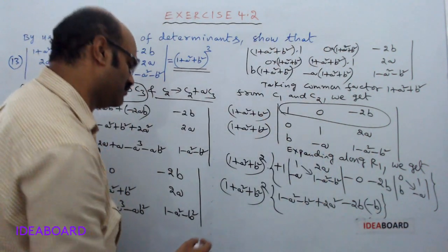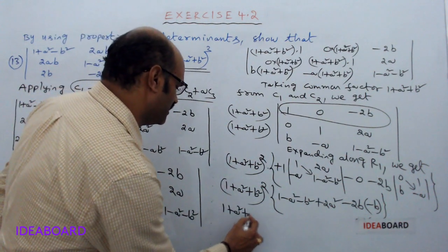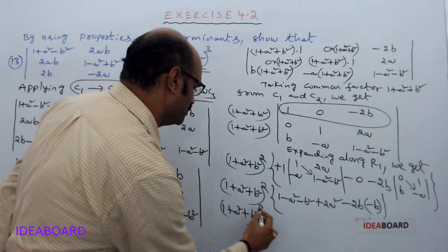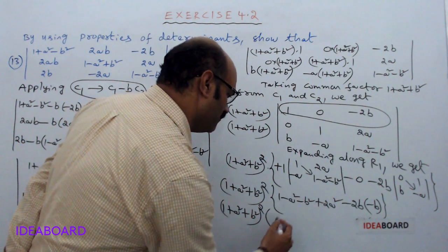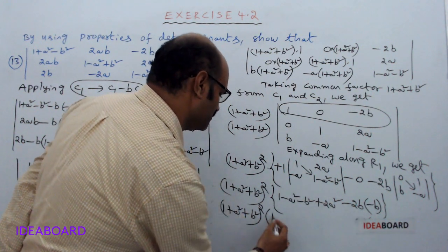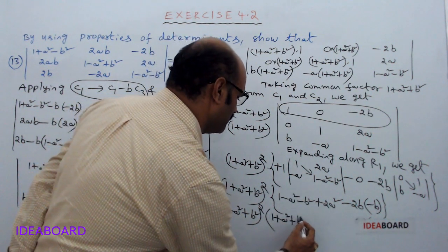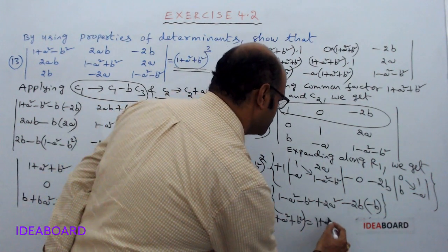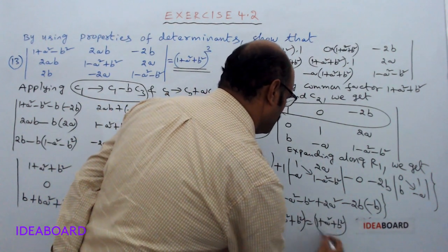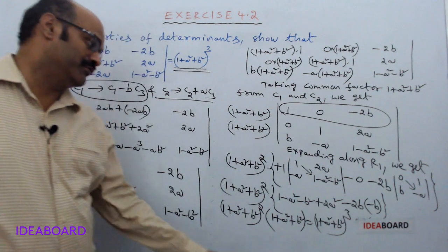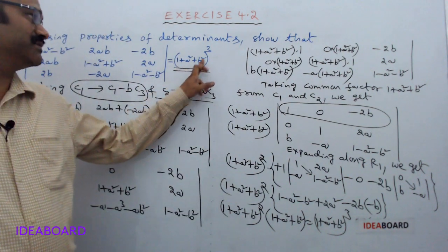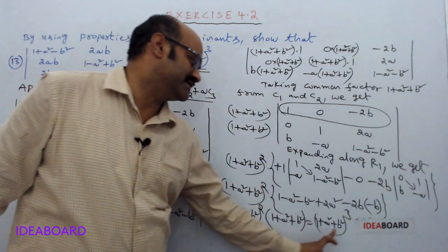Then we have 1 plus a square plus b square whole square into 1 plus a square plus b square, equal to 1 plus a square plus b square whole cube. We have to prove that 1 plus a square plus b square whole cube. Hence proved.